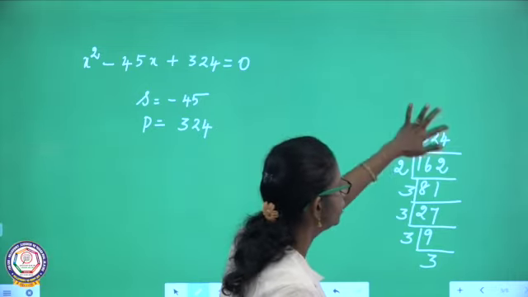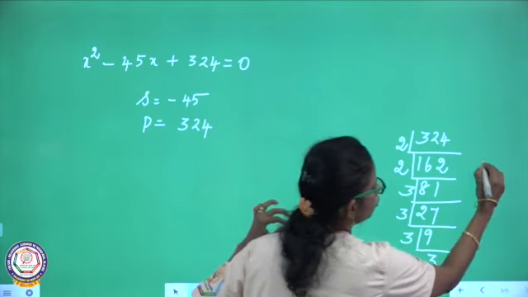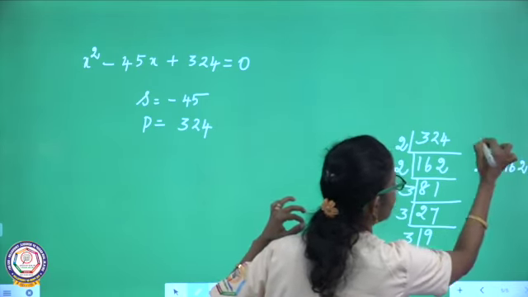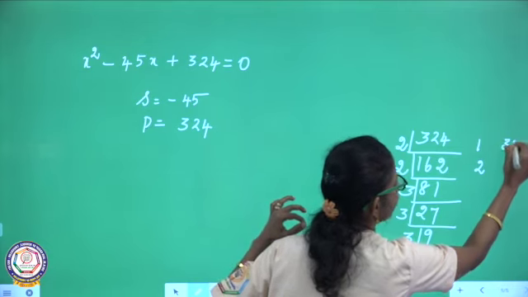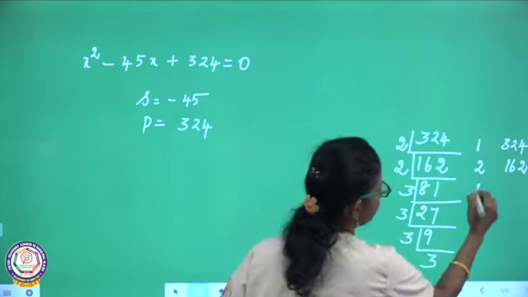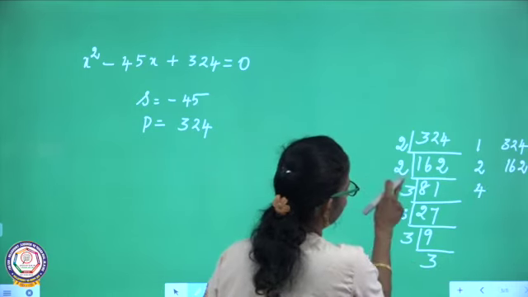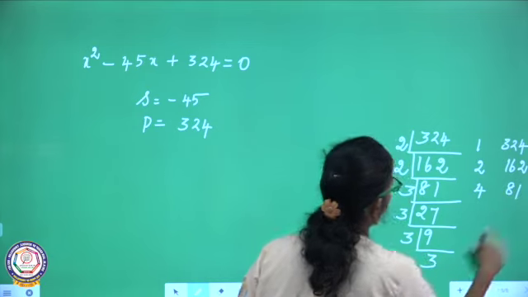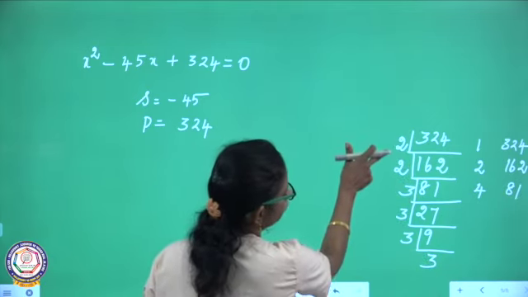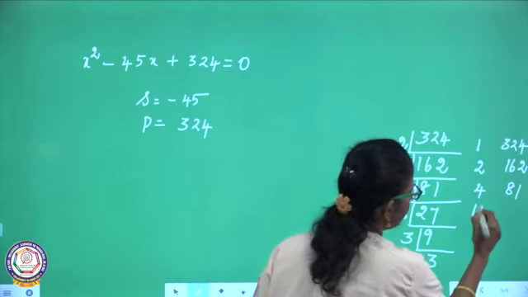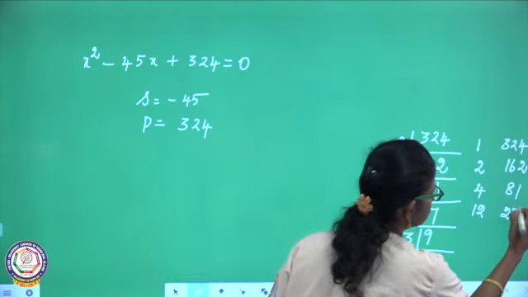Now you have to write the possibilities. 2 into 162; if you want, you write 1 into 324. Next, 4 into 81. Next, 2 2s are 4, 4 3s are 12, so 12 into 27.